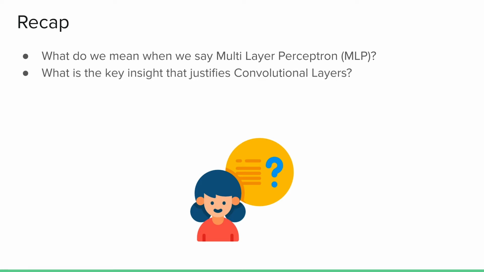The key insight that justifies the use of convolutional neural networks is that for images especially, we don't need the full information of all input data at the same time, but rather have information in a local area only. So in an image, nearby pixels are highly related, whereas pixels on the other side of the image are unlikely to have a strong relationship.